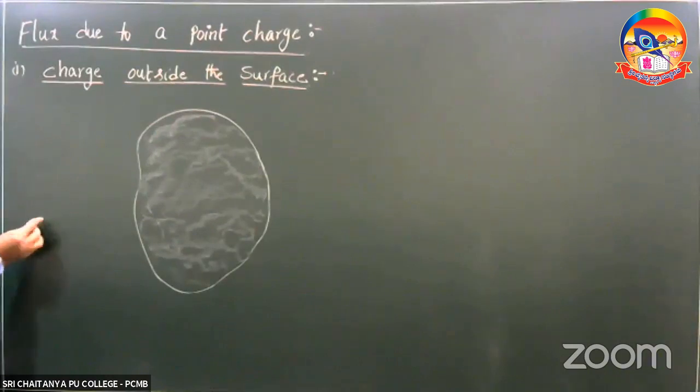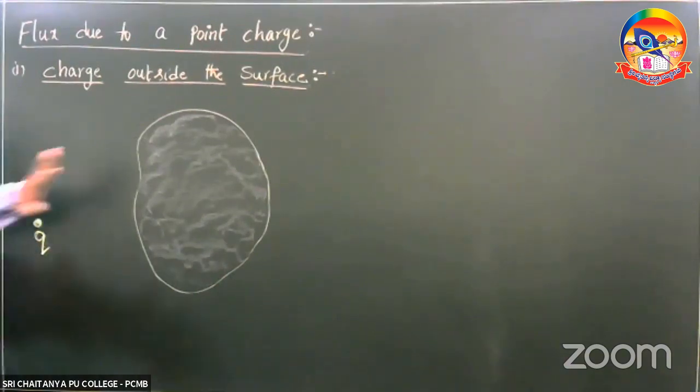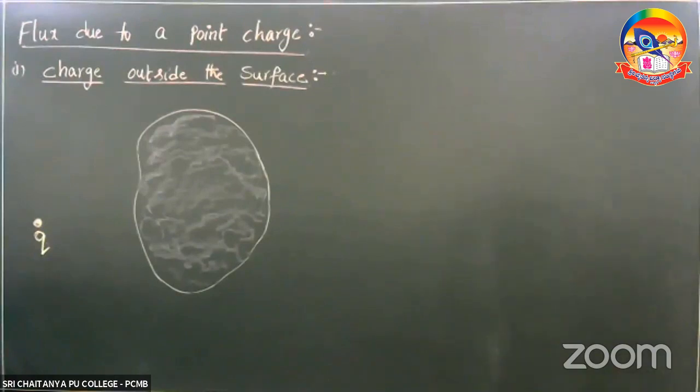I am taking the charge here. Here is the point charge. A point charge Q is outside the surface. Due to this point charge, what is the flux through this closed surface? That is the question.